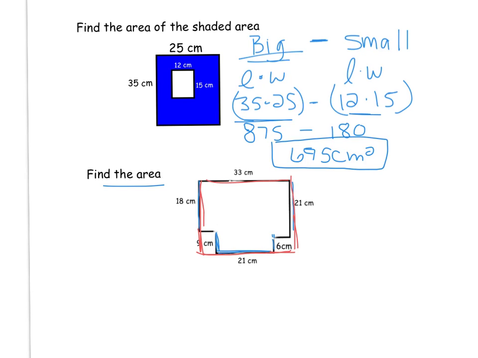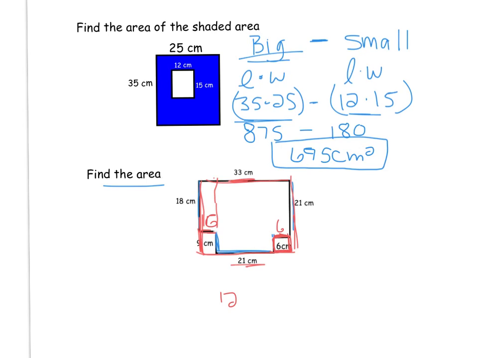So here, if this is 33 and this is 21, that would leave 12 remaining, and these are equal distances, so that would mean each of those are 6 and 6. And this looks like a 1 square to me, so that seems about right.